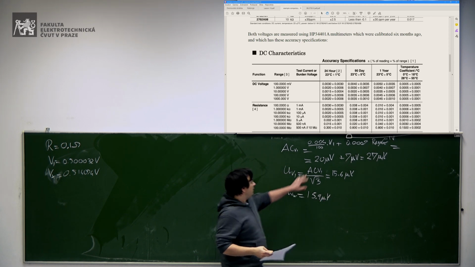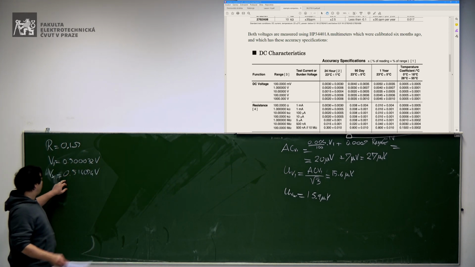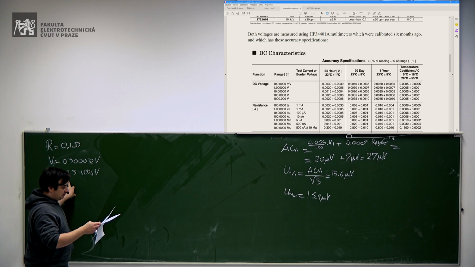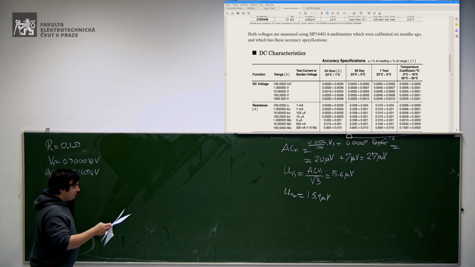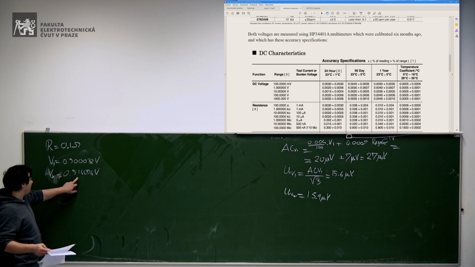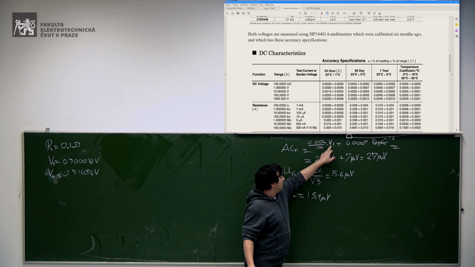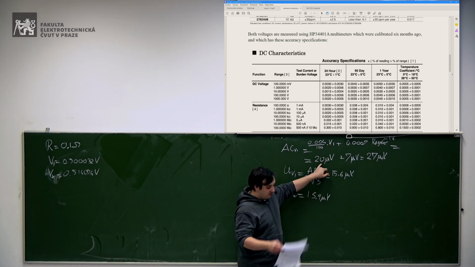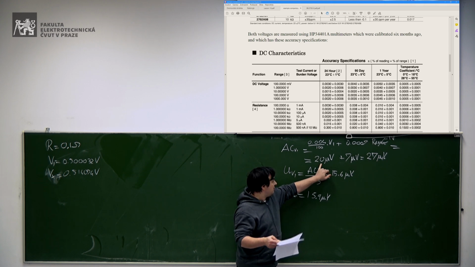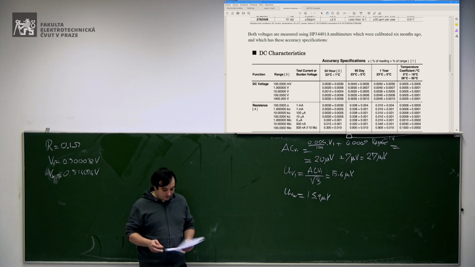For Vx the voltage is slightly bigger, and therefore you have a larger component here: 20.6 microvolts instead of 20 microvolts, and you get a slightly bigger uncertainty.